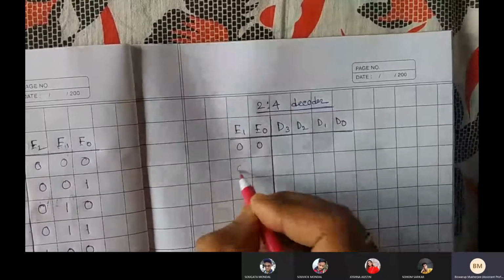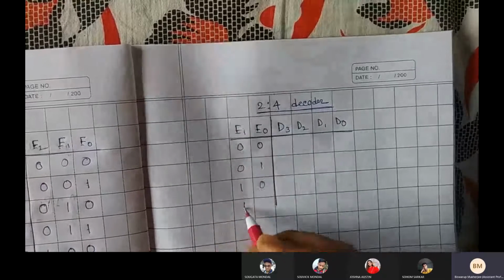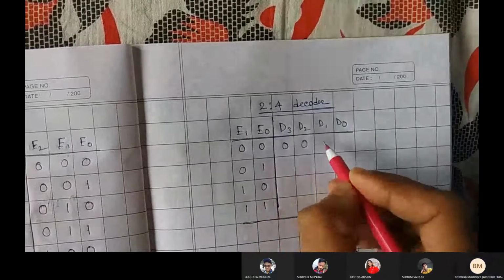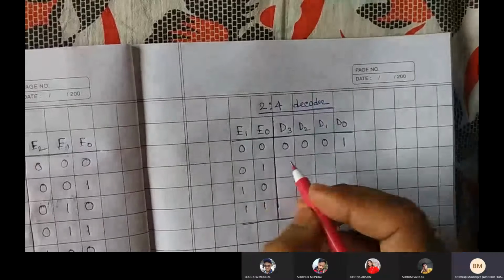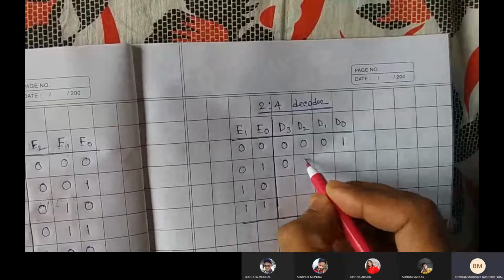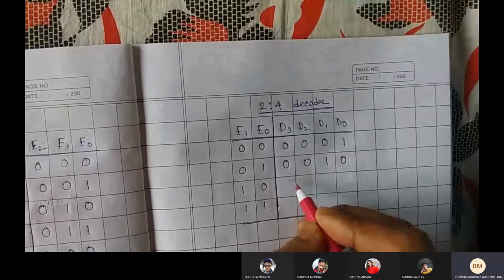So for 0 0, 0 1, 1 0, 1 1. For these cases, for 0 0, output D0 is high. Similarly, 0 1, output D1 is high.